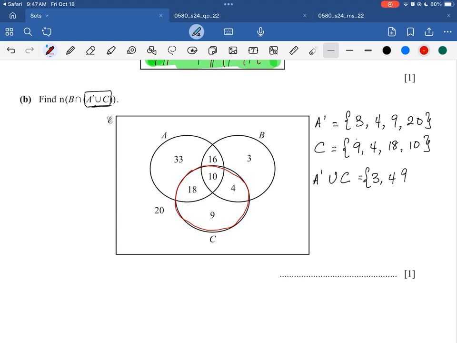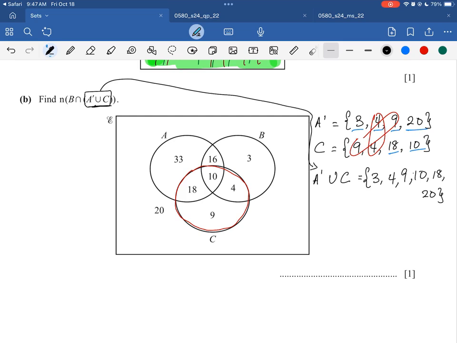Now 9 repeats, so just use one of 9. 4 repeats as well, so just use one of that. So 3, 4, 9, 10, 18, and 20. These two repeat, so you don't need to write them twice. Now, that's your A. That's this right here.